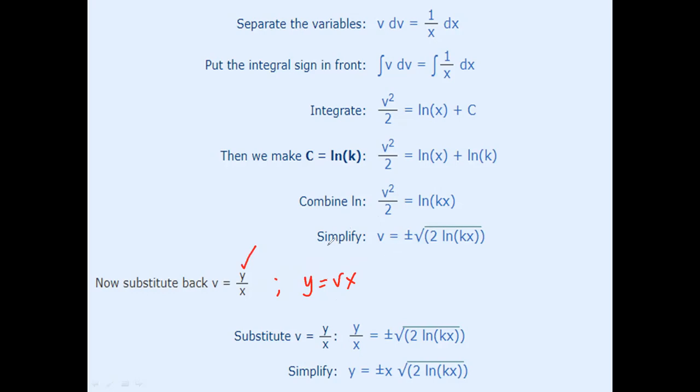If you have explicitly written your solution after you have done back substitution, we call it back substitution because the variable v was already changed into the original representation. When you do back substitution, class, your answer is even easier to simplify because now it's explicitly written in the form y equal to plus minus x times the square root of 2 ln of kx.